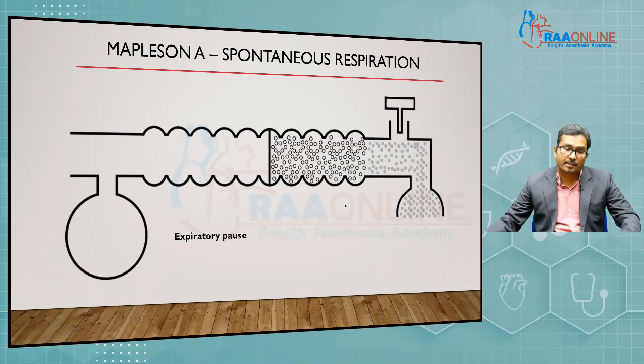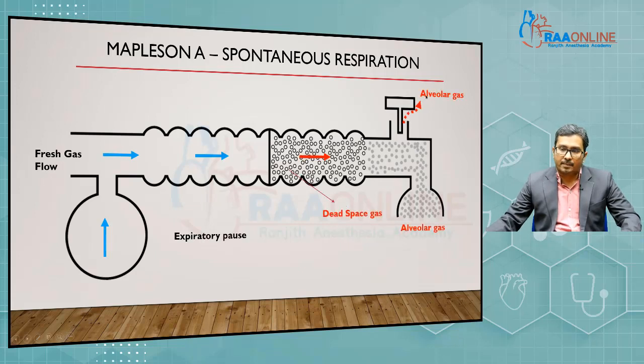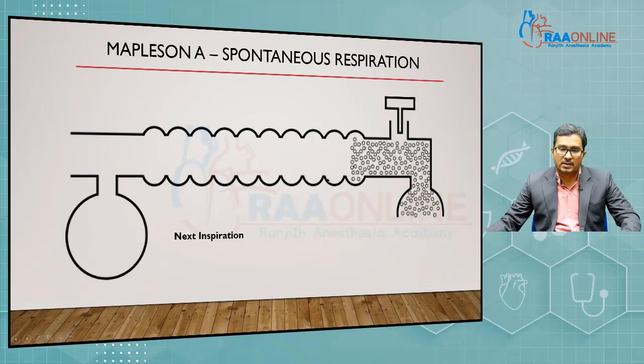It usually does not happen during spontaneous ventilation because we will not be able to titrate the expiratory pause. It is possible only in controlled ventilation. During this phase, if the fresh gas flow is adequate or equal to minute ventilation, it will push the alveolar gas out of the APL valve, so that in the successive inspiration, the patient will receive mostly fresh gas as well as dead space gas, which contains less carbon dioxide. Most of the alveolar gas will be eliminated through the APL valve.